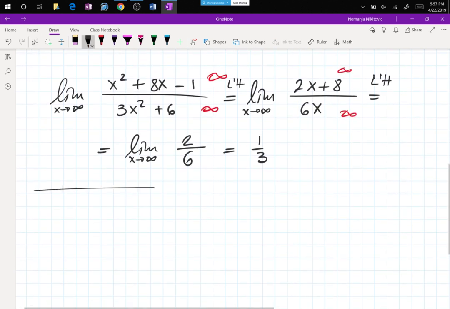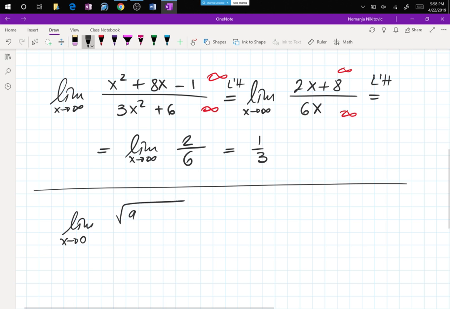So now we're just going to do a few examples, and then we're going to work on those extra examples. Limit as x goes to 0 of square root of 9 plus 3x minus 3, divided by x.